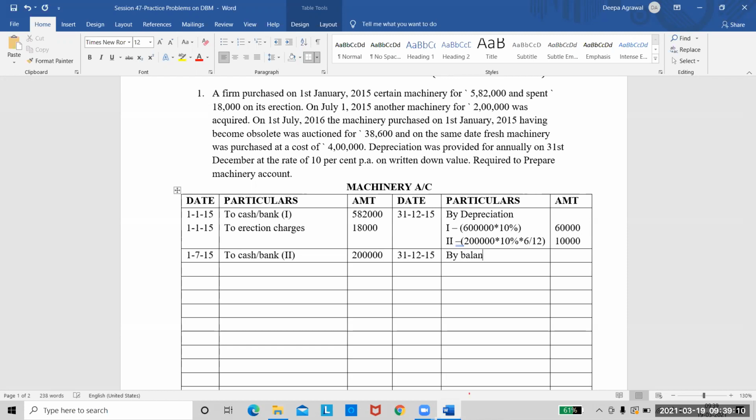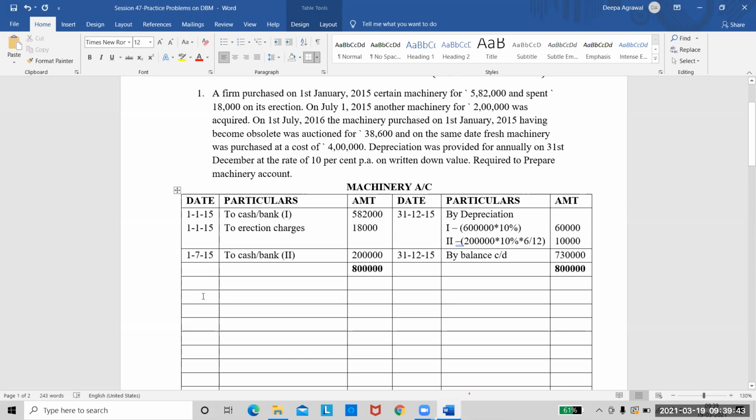So I will write the entry as by balance carried down. And first, before putting the balance, I need to put the totals in bold. So my total would be 8 lakhs. So put the totals on both the sides. 8 lakhs. And now calculate the balance. It would be 7 lakh, it is 70,000. So 7,30,000, right? I'm correct? 7,30,000 is my balance.